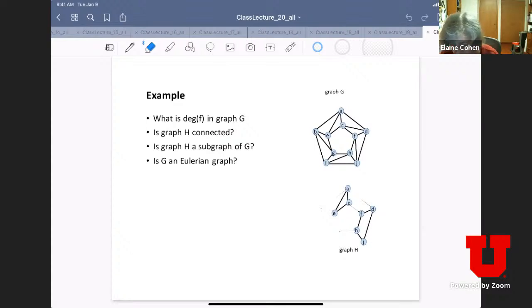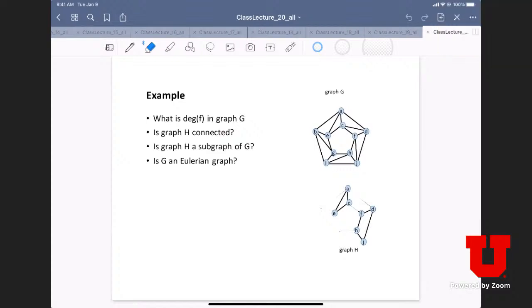Indeed, there are 4 edges incident on vertex F. Is the graph H connected? H is the bottom graph. Is it connected? No, it's got 2 connected pieces.